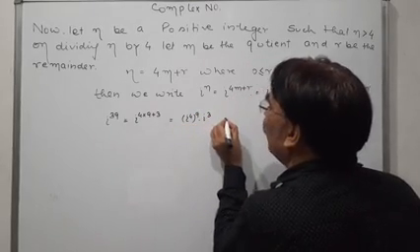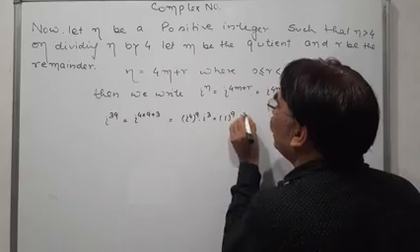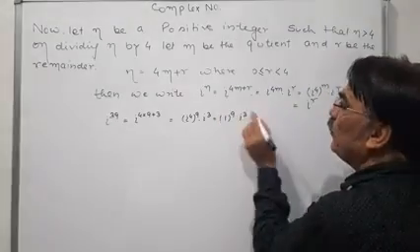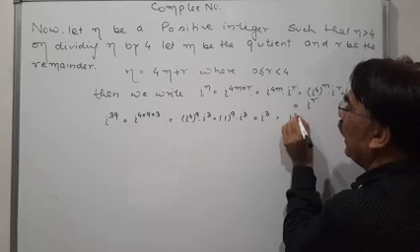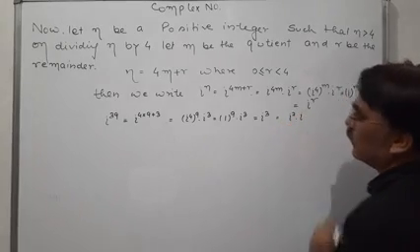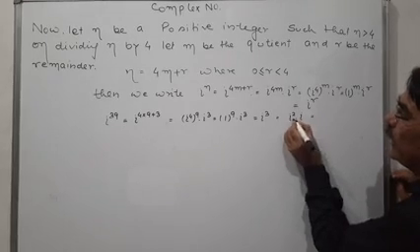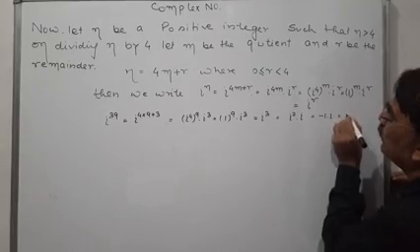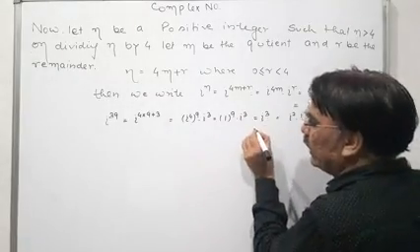The value of i to the power 4 is 1, 1 to the power 9 into i cube, and then this value will be 1, so we get the value i cube, and we write i cube as i square into i, which is equal to minus 1 into i, then we get minus i.